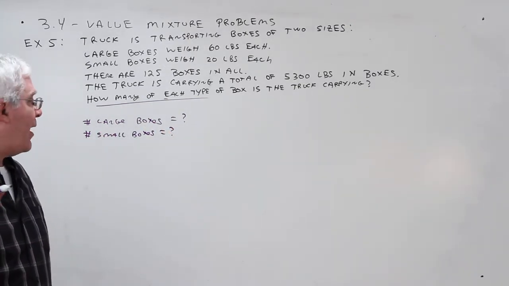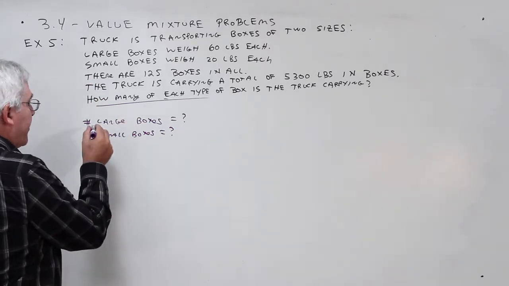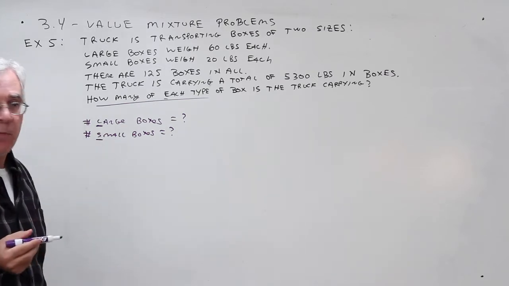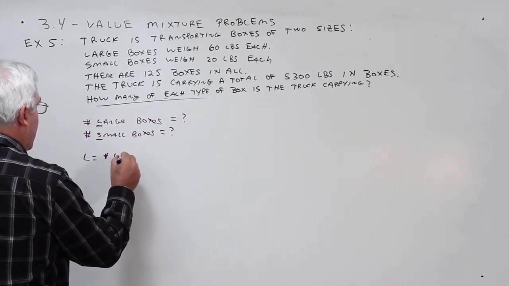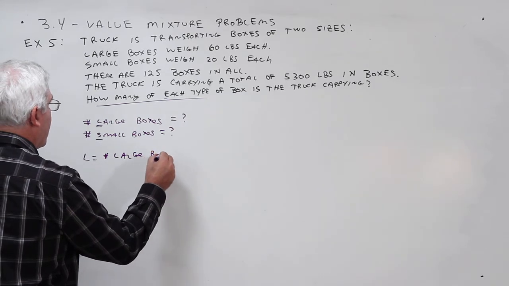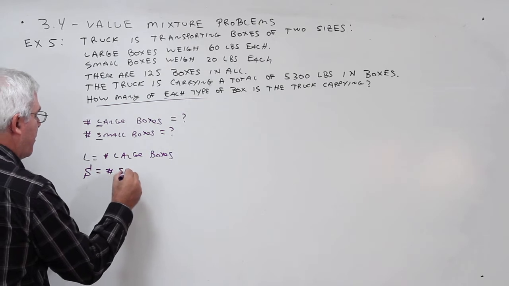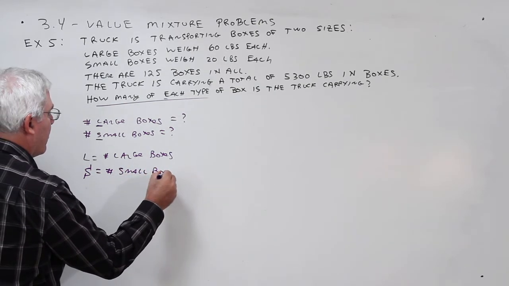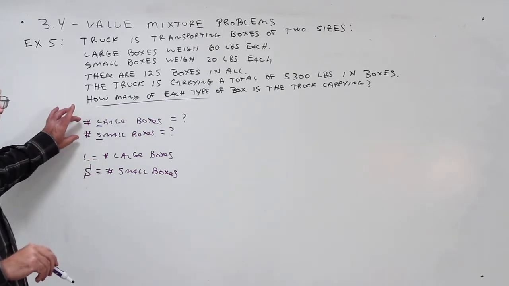Okay, so I've got my units. The units are boxes. Looks like I've got L and S for my variables. So I'll say L equals number of large boxes. S equals number of small boxes. Okay, so I've written down what I'm trying to find.